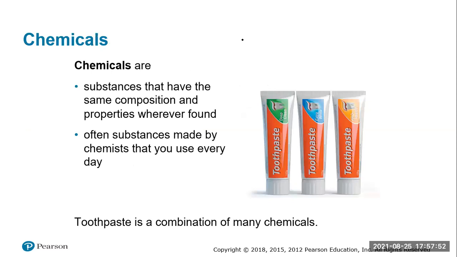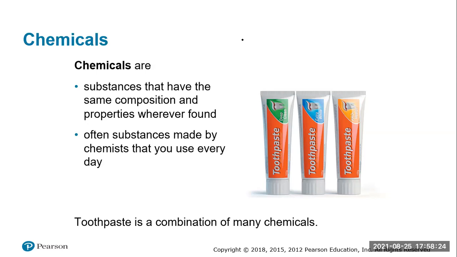Chemicals, obviously, are found in all kinds of substances. And as we talked about, there's a lot of chemistry that goes into things that maybe you may not think of chemistry being involved in. Things like toothpaste, things like food as well, food chemistry. You know, how they get candles to smell like whatever they smell like when it's candle day at Bath and Body Works or whatever that store is.